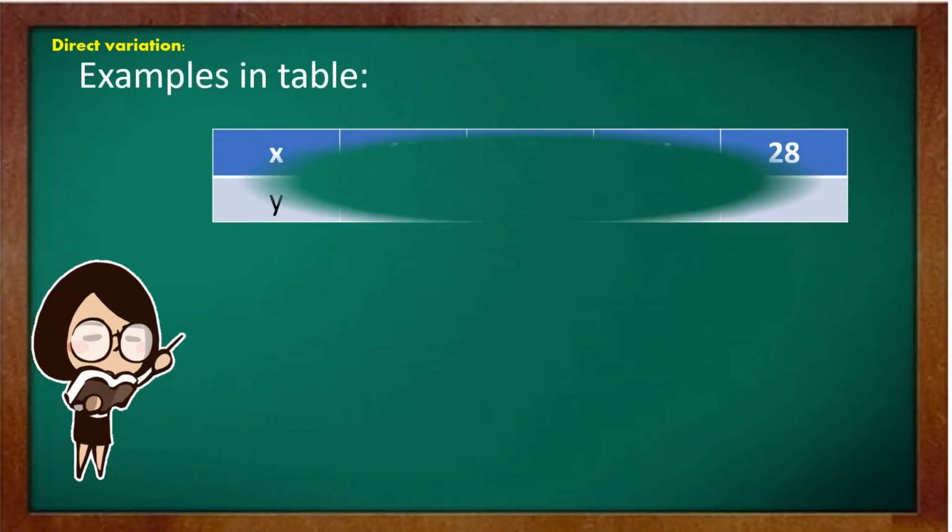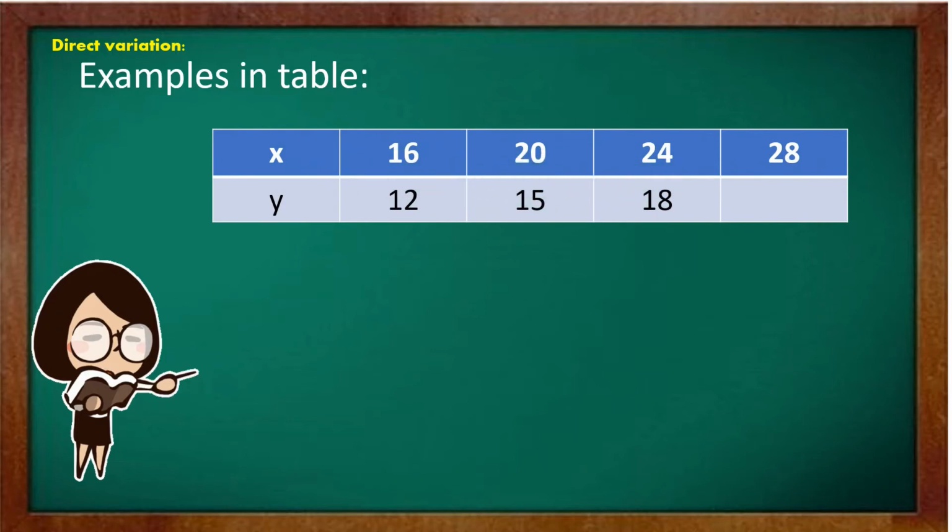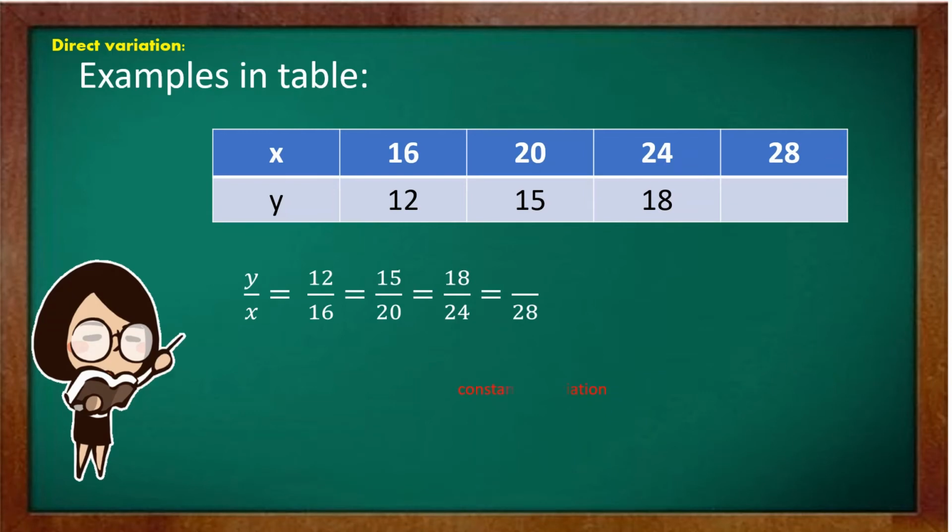Okay, another example in direct variation, in a table again. So we have x and y. y is directly proportional to x. Always remember that our denominator is x and our numerator is y.